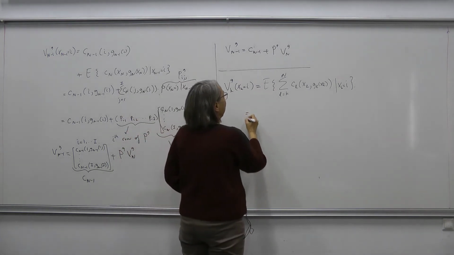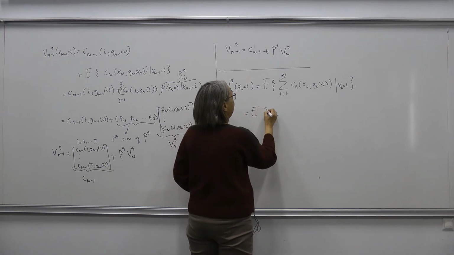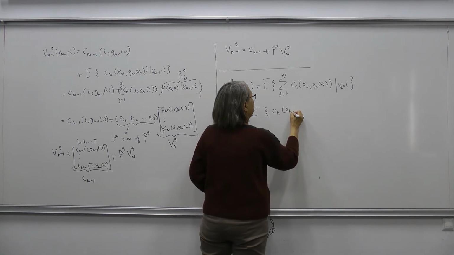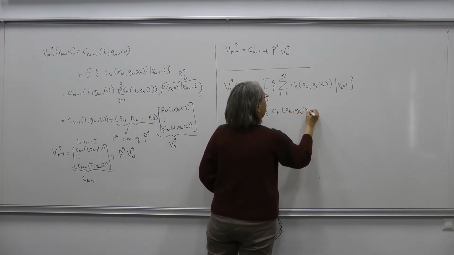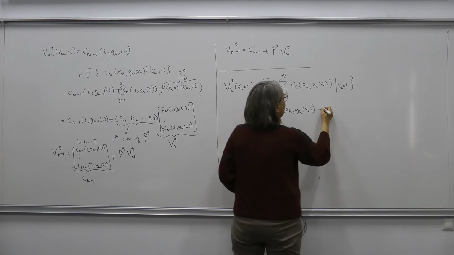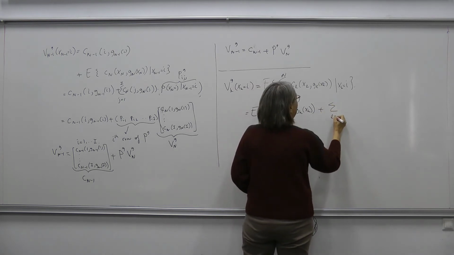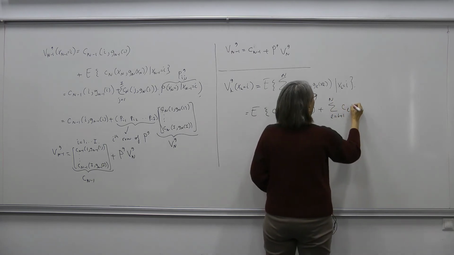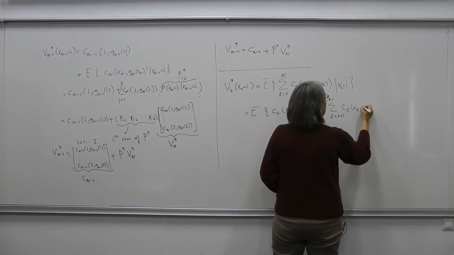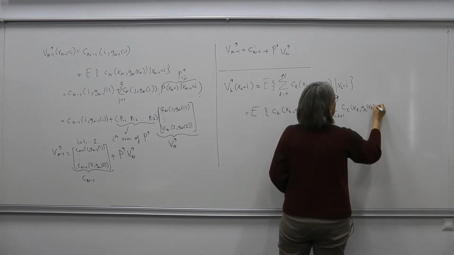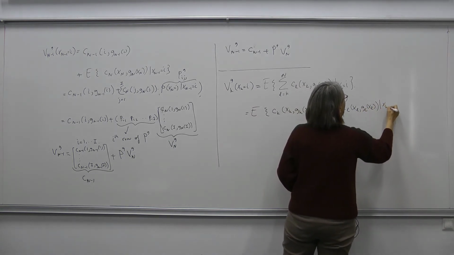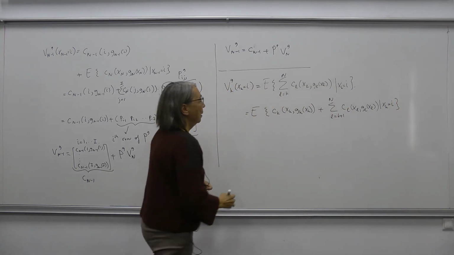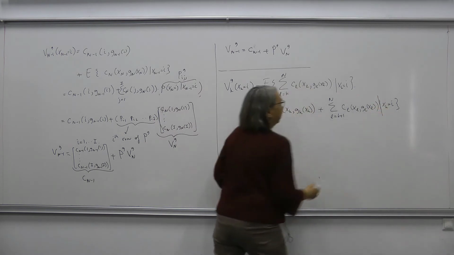And again, I can write it as the expected value of the first term here, C sub k of x_k, g_k of x_k, plus the others, where L will start from k plus 1 and will go up to n, C sub L of x_L, g_L of x_L, given that x_k is equal to I. Now, this given is for all of them.